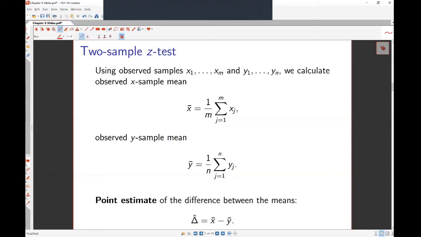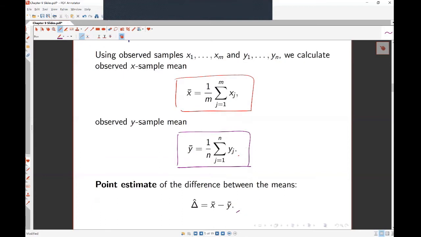So we take our observed X sample and calculate the sample average for the observed X sample, and then we take our observed Y sample, calculate the average for that quantity, and that ultimately lets us estimate or calculate a point estimate of what the difference is between the two means.